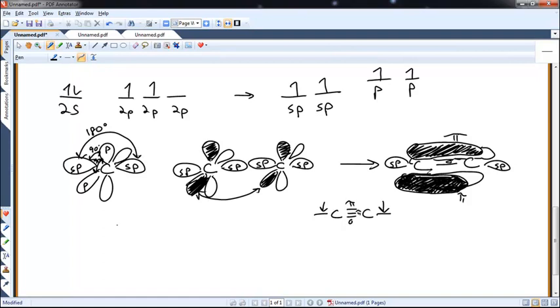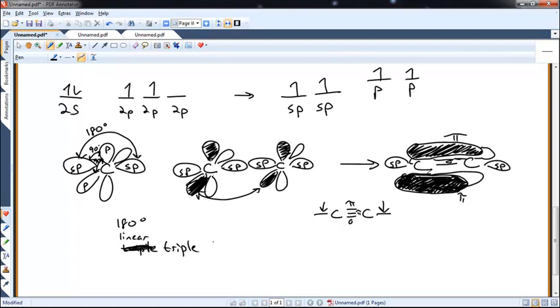So an easy way to think about it is sp hybridized, 180 degrees orientation in space, right? This whole thing is linear. 180 degrees, linear, and essentially triple bond.